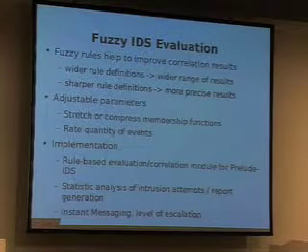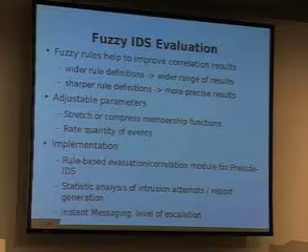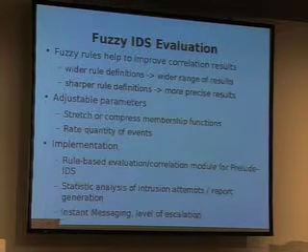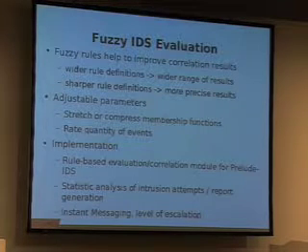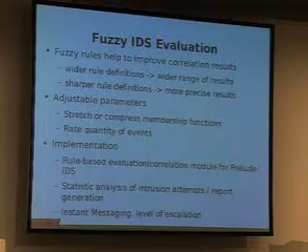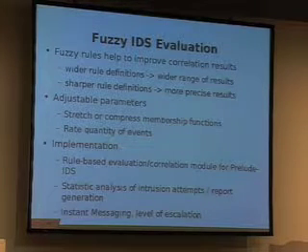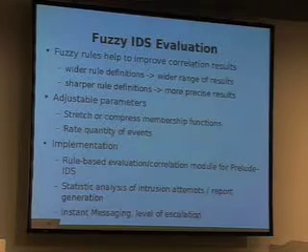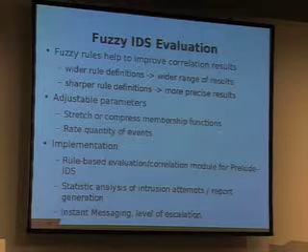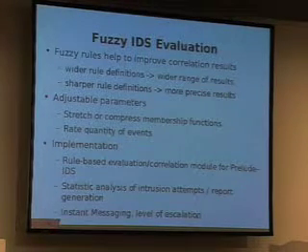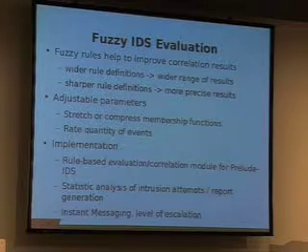If you do wider rule definitions, you will get a wider range of results, of course, and doing the opposite and using more precise or sharper rule definitions, you will get a more precise result, but in a narrower band. You have adjustable parameters to stretch or compress the membership functions to catch more or fewer events.